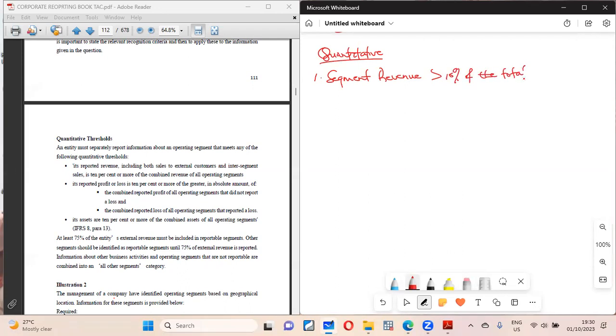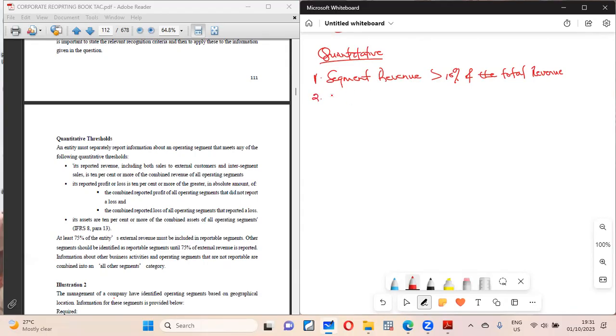So it's a procedure thing, okay? So you first check the revenue. When you check the revenue, and it is greater than 10% of the total revenue or the consolidated revenue, then that is your first step. You see that you've done the first step to identify it.